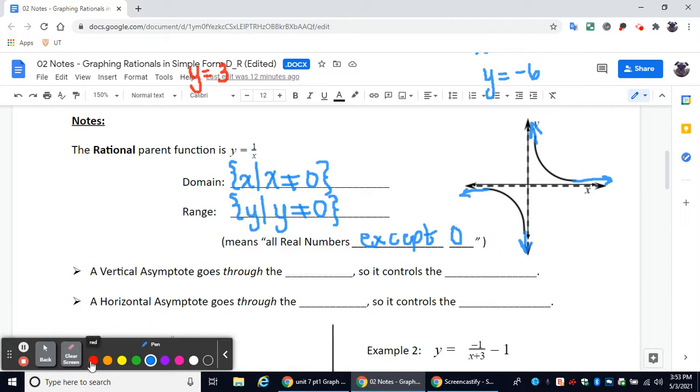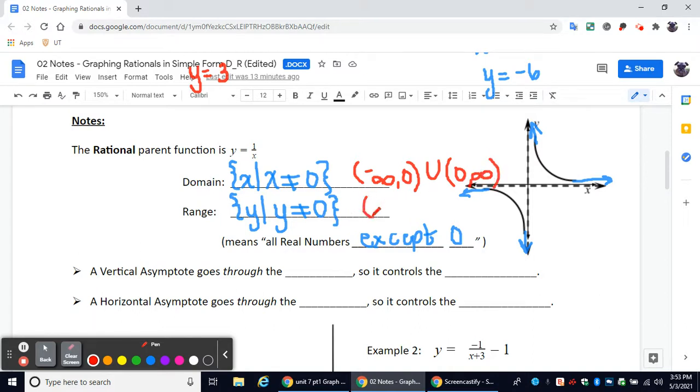Just to show you what the interval notation would look like, we're not going to write it and you're not going to see it on your assignment. You're going to resort back to the set notation, but it does go from negative infinity to 0. And then we put a union there because it's stopping at 0. It's approaching 0, but not going to touch it. And then we pick up at 0 and go to positive infinity.